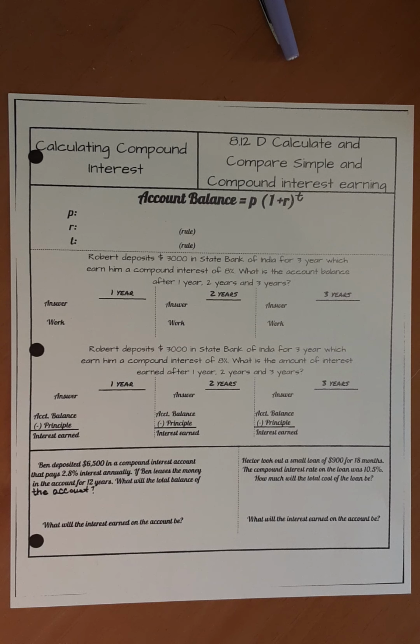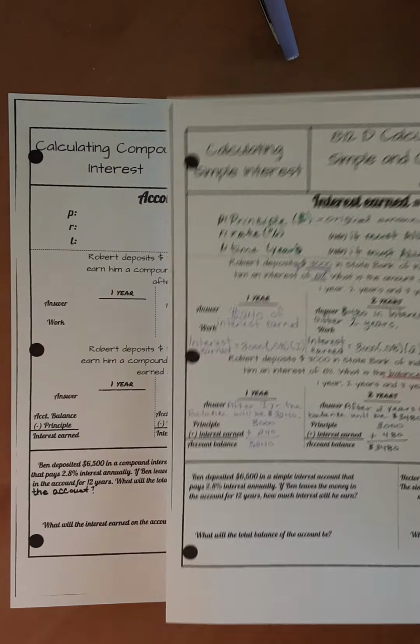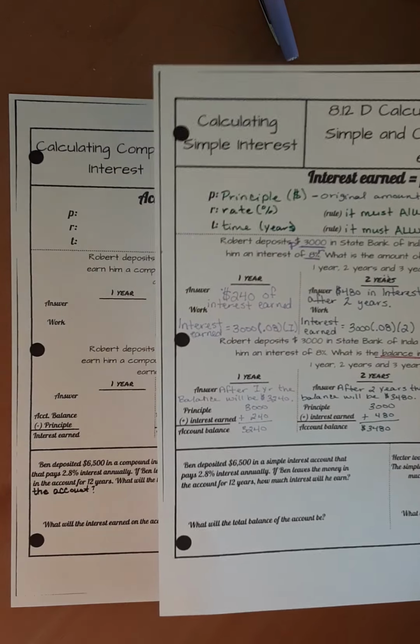The second thing we cover in this unit is calculating compound interest. Now, looking at this anchor chart, you are probably under the impression that it's the exact same anchor chart that we did previously when we calculated simple interest. Well, that's because the word problems are exactly the same.